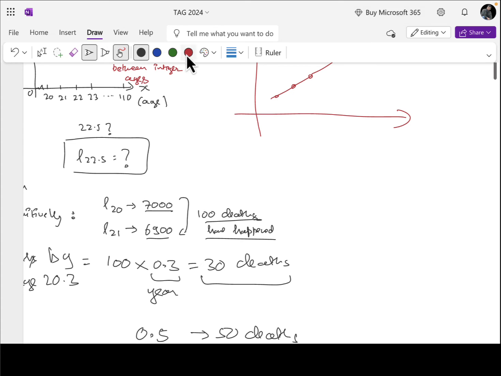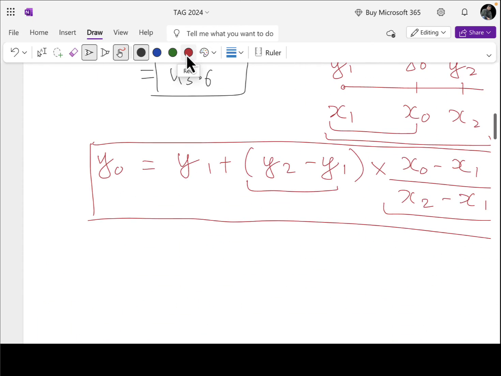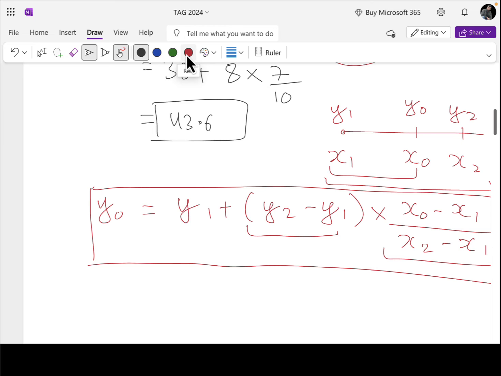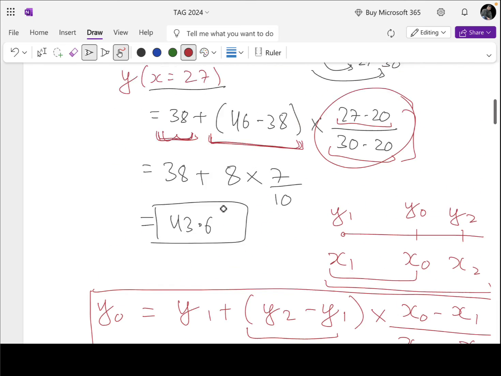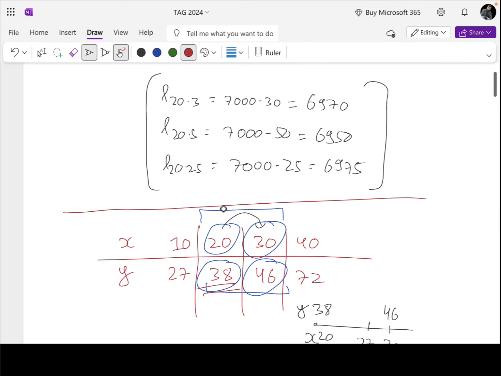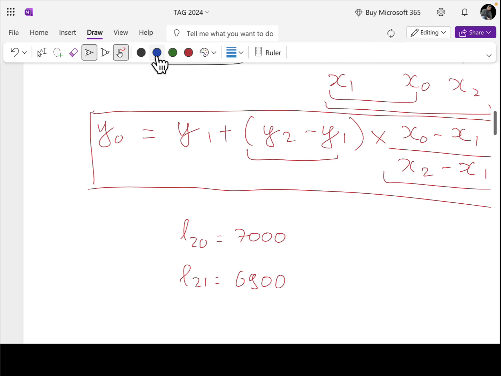Okay, now the beauty about this formula is that it can handle increases and decreases both, right? So let's say in our previous example, L20 was equal to 7,000, and L21 was equal to 6,900. Here we have decreases happening and we had to calculate L20.3, right?